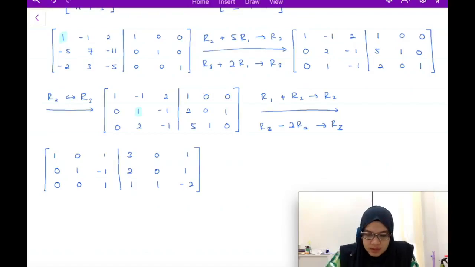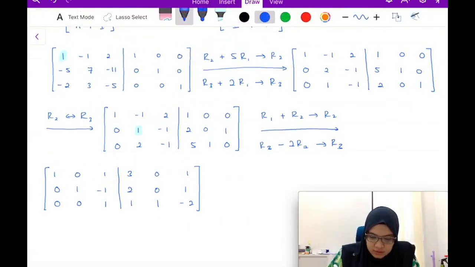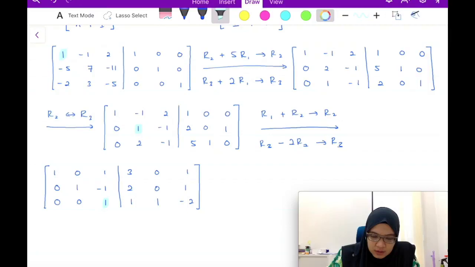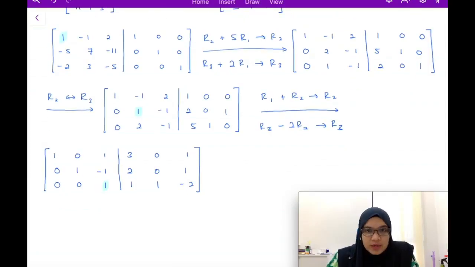Since the third row already contains a leading 1 in the pivot position, we need to reduce row 1 and row 2. We take row 1 minus row 3 and apply that to row 1.